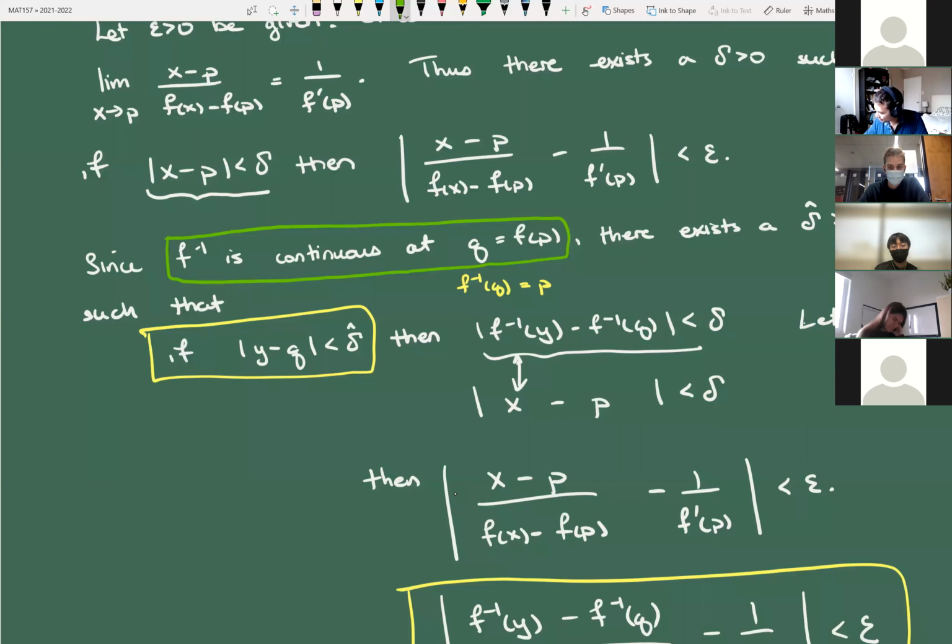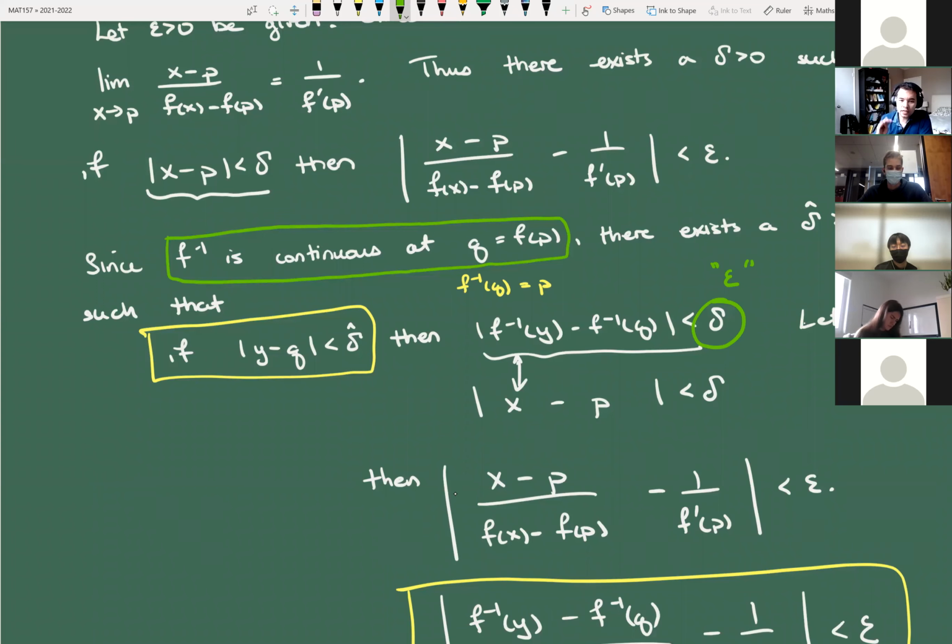So I'm going to let this be my epsilon. This is the epsilon that I'm using. And so I can find a delta hat that makes f inverse of y minus f inverse of q less than that epsilon.